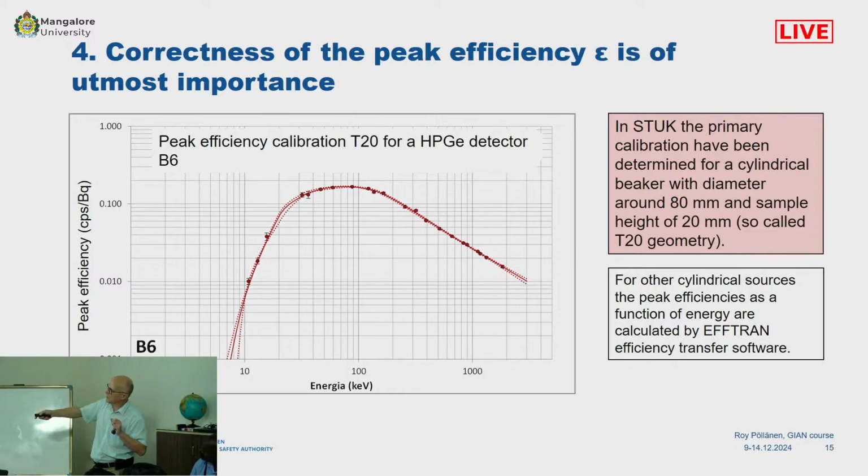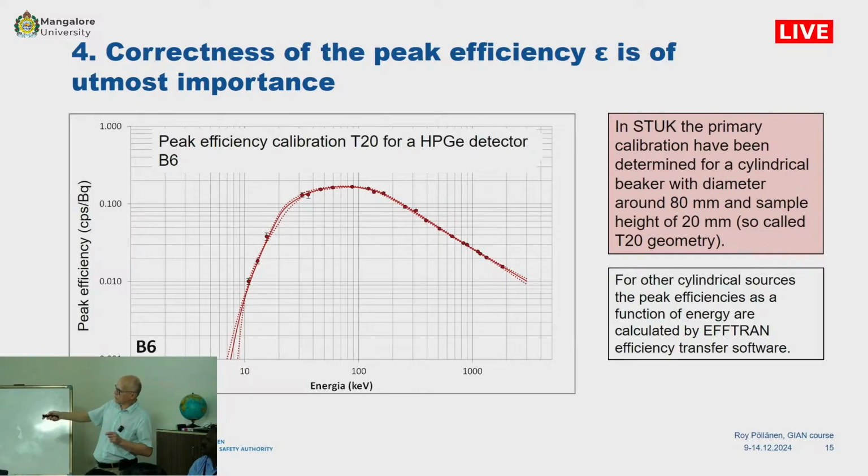But how to interpret this efficiency function? Your function here is almost the same as this one. But you are not detecting very low energy gammas. You are detecting gammas above this point here in this area. This detector can go down to around 10 kilo electron volts.